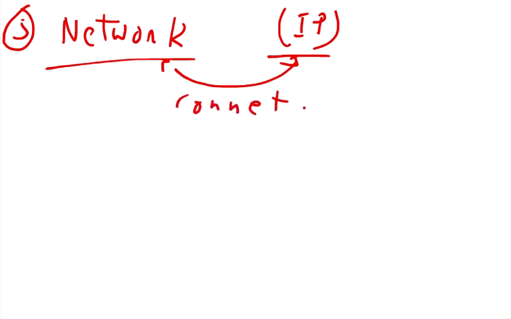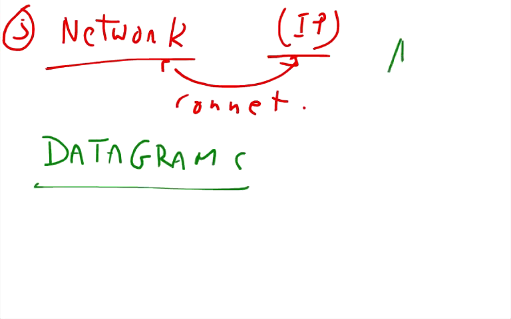And what is the main purpose of the network layer? The main responsibility is to provide means of transferring variable lengths of data sequences, which are called datagrams. So its main purpose is to provide means for transferring the datagrams from one node to another node.